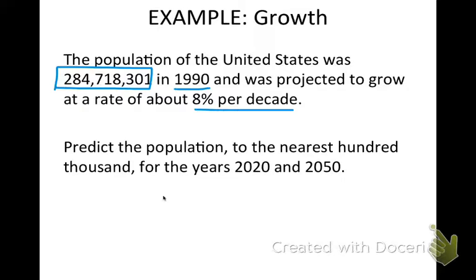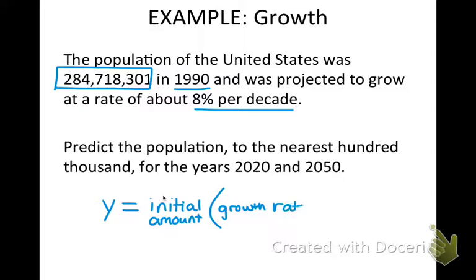So here's how we're going to set up our equation. y equals, I'm going to write it out first in words, our initial amount times, in this case, our growth rate, which is our multiplier, to the x power. At time 0, like when we did the bacteria, we were starting with 25 bacteria.